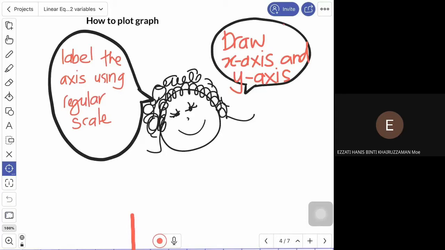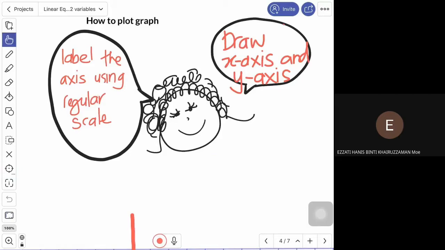First, to draw a graph, you need to have the x-axis and y-axis. After that, you label all the axes, x and y, using a regular scale. What does regular scale mean? I'm going to show you after this. This is important, regular scale. Many previous students made mistakes when they labelled the axes.